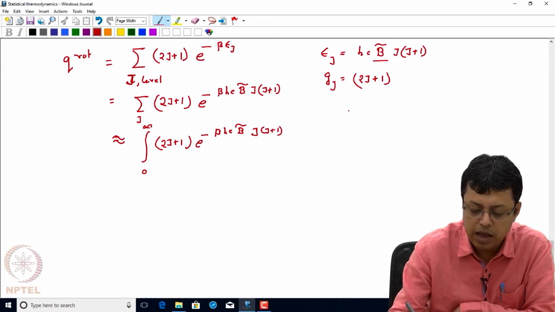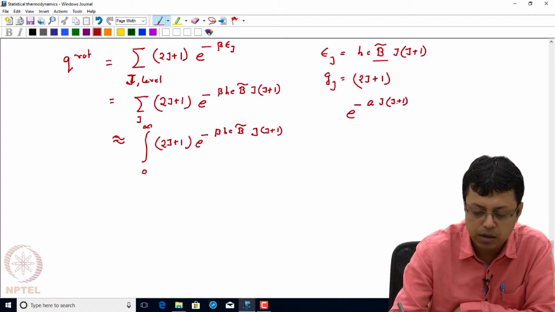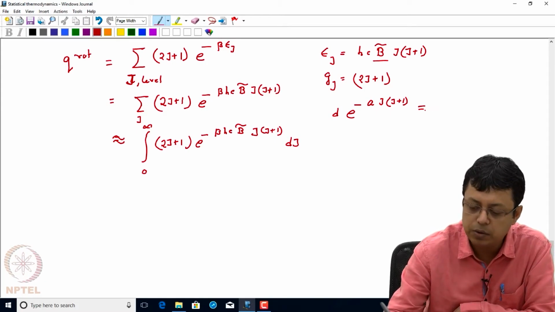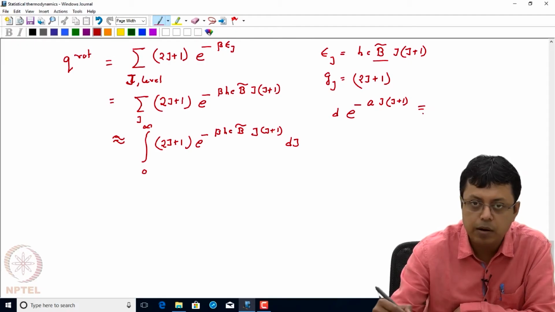Now if you have something like e to the power minus the entire constant, say a times f of x, and I take the differential, what will it be?